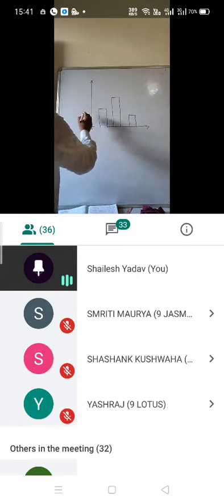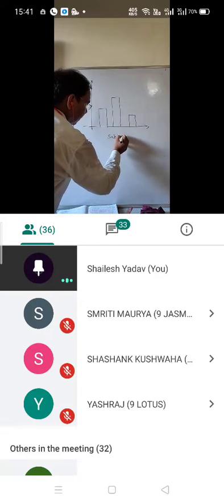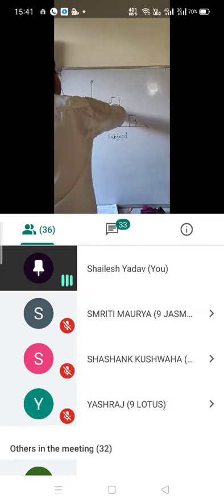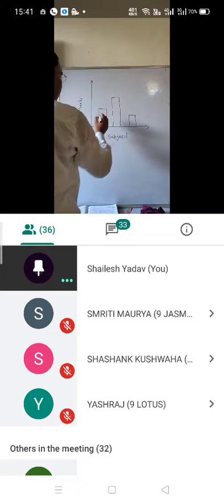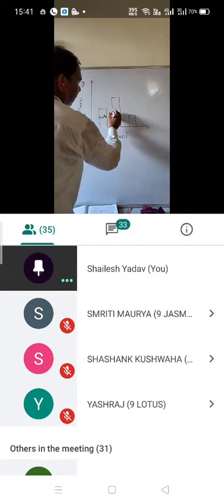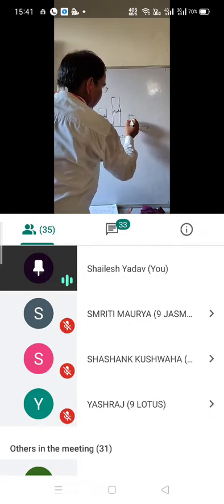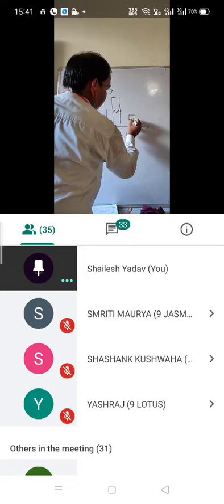Suppose these are marks. Here I write subject, and here I write marks. Suppose maths, here it is Hindi, and here it is science.